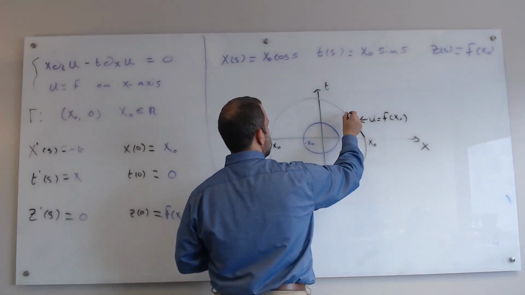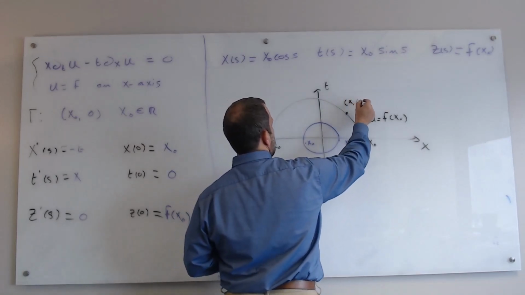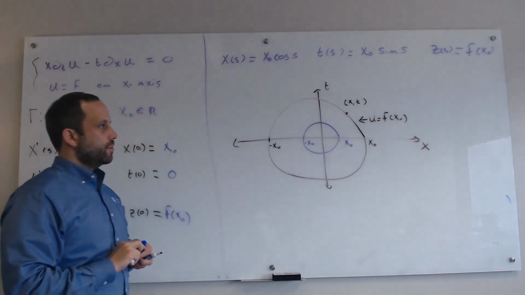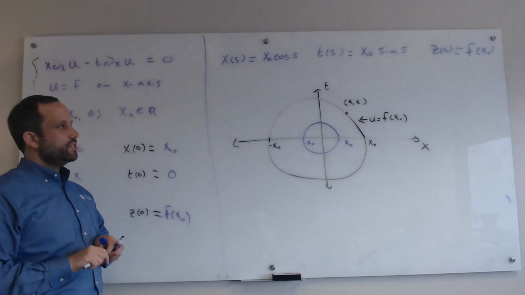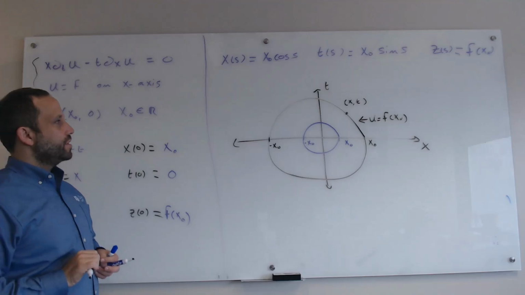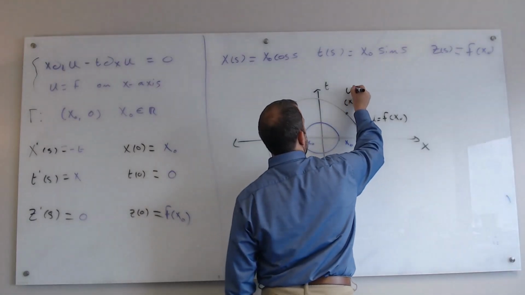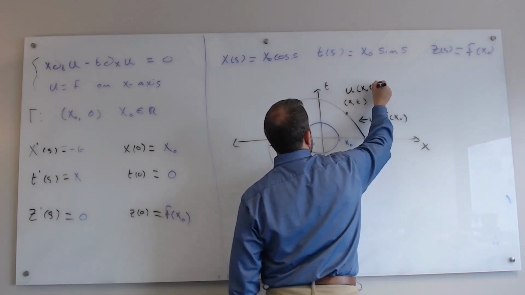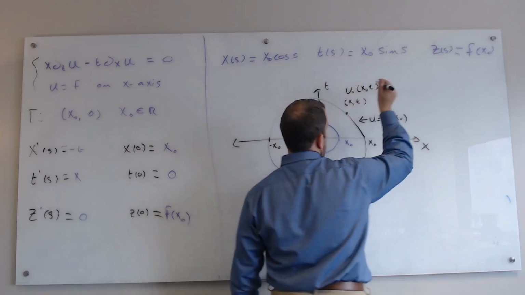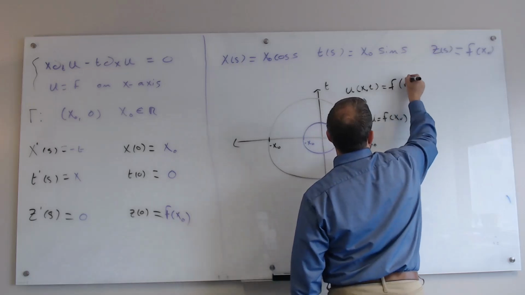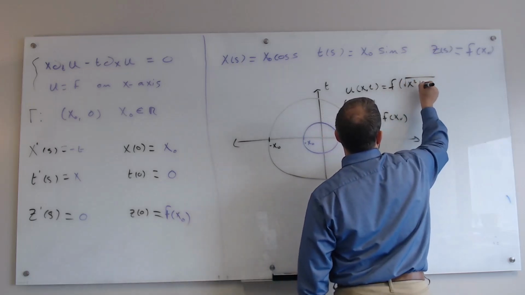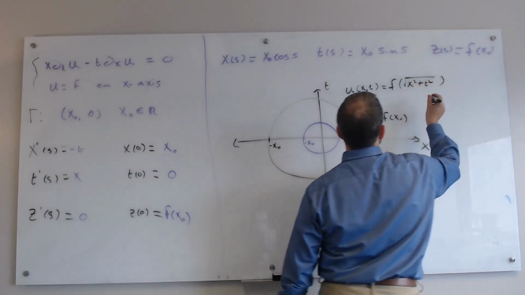So if I take a generic point here, there might be alarm bells going off for some of you. There should be. I'll talk about it in just a moment. For this generic point, xt, u of xt is going to be equal to f of the square root of x squared plus t squared.